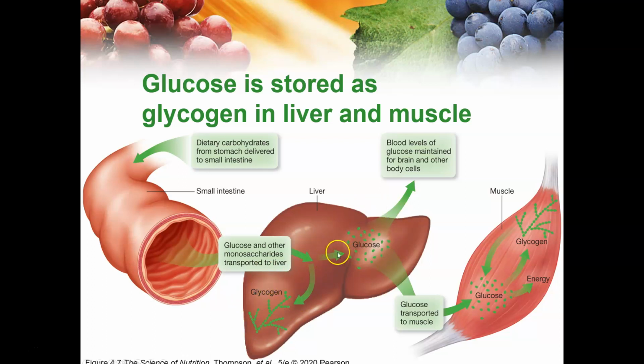The free glucose can then leave the liver, and the brain and other body cells will use the glucose. Some of it will go to the muscle, and the muscle is able to take this glucose and make glycogen as well. So now we have a storage form of glucose in two places. We have it in the liver and we have it in the muscle.